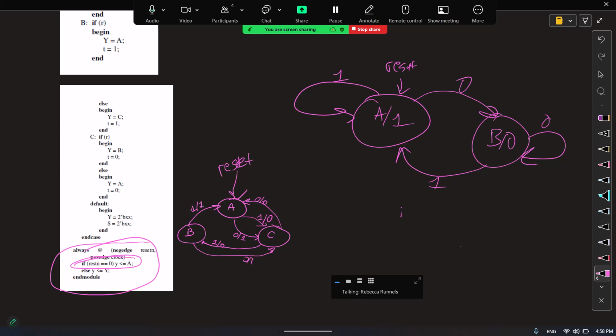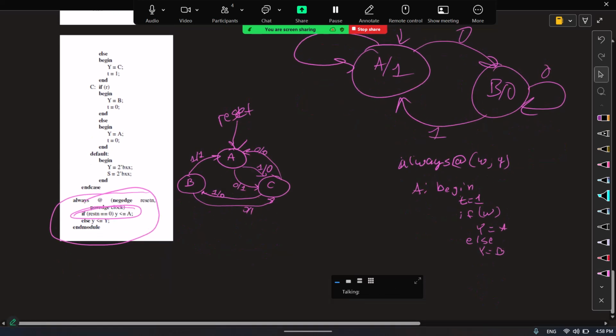Your first always block would be always at whatever your input is, W, and whatever your state is. Ours here was Y. And your case A, begin. This is a Moore machine, so I can start by having my output right here, t equals 1. If W, Y equals A, else Y equals B, end.